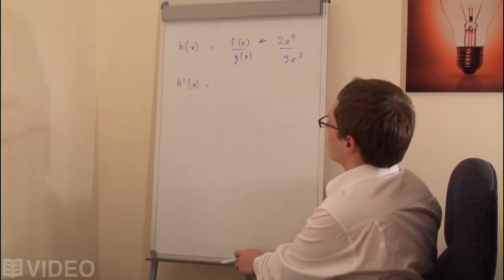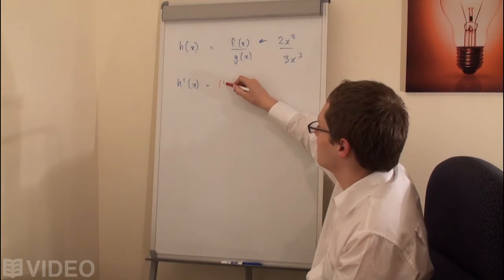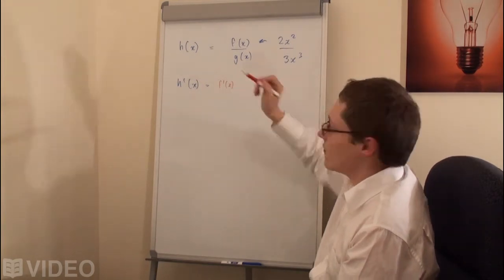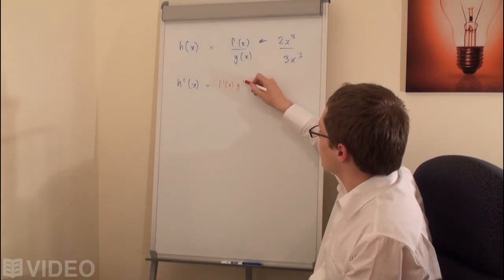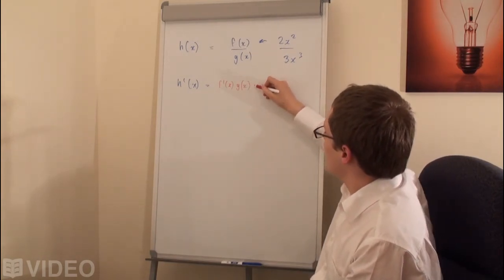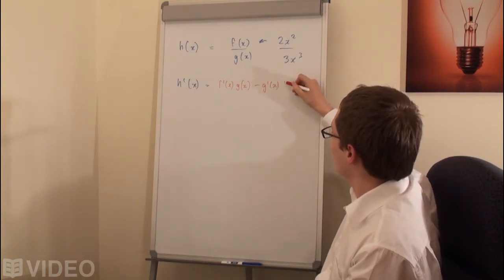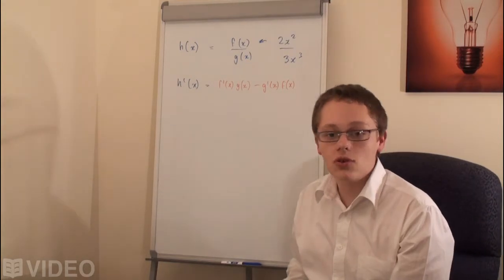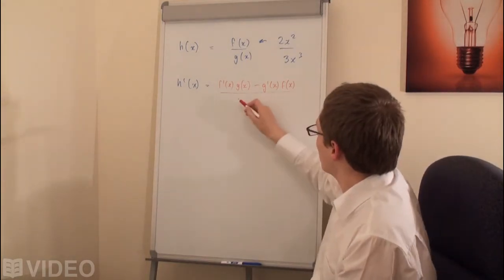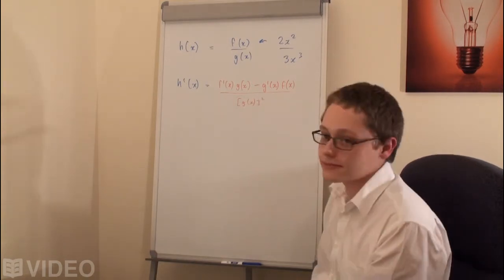The h prime of x is equal to the derivative of the numerator, the f prime of x, multiplied by the g of x, take, instead of plus, the g prime of x, f of x, so it's just like the product rule, but then it's all over the g of x squared.